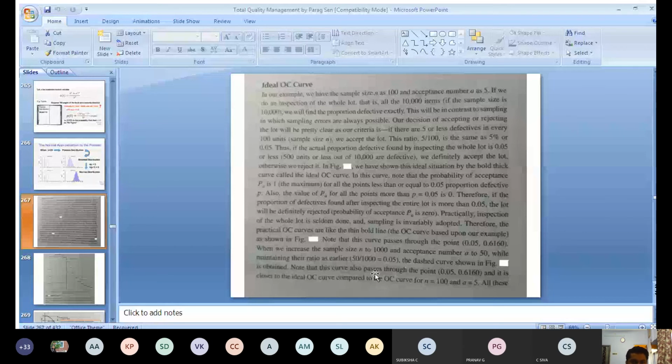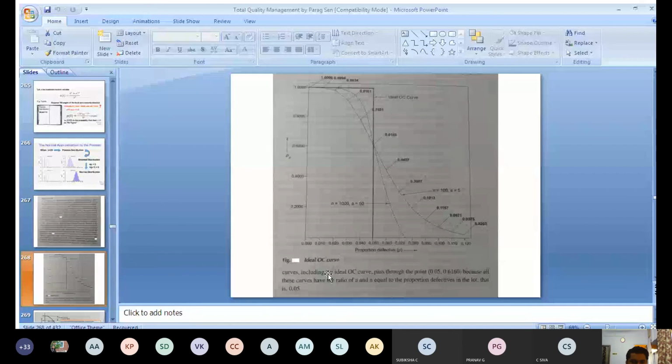All these curves, including the ideal OC curve, pass through the point 0.05, 0.616, because all these curves have the ratio of A and n equal to the proportion defective in the lot, that is 0.05. What does it mean? It means that in all these cases you are not changing your proportion defective.